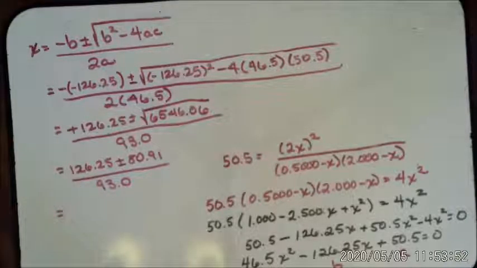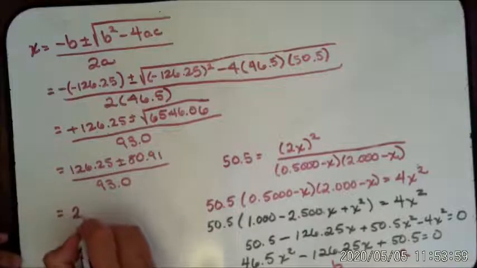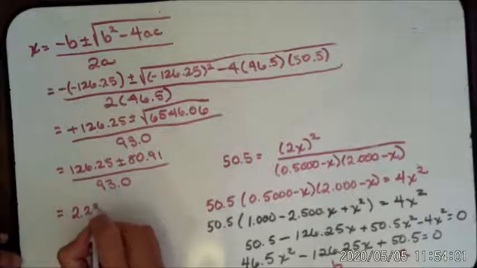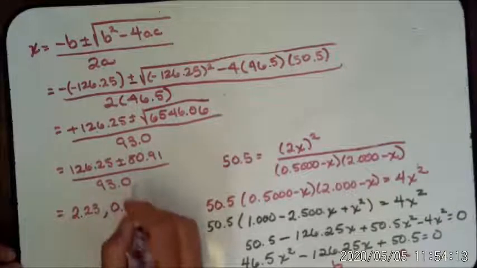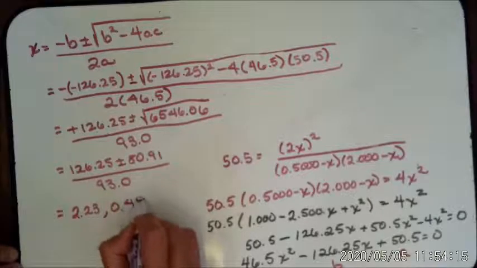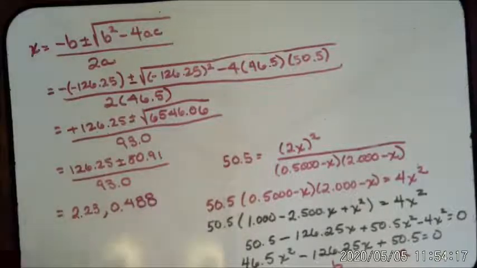126.25 plus the 80.91, okay, divided by 93. So one solution is 2.23, okay. The other solution, 126.25 minus the 80.91 divided by 93 equals 0.488, okay.